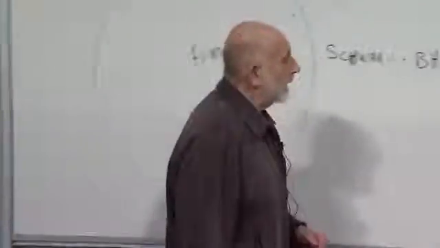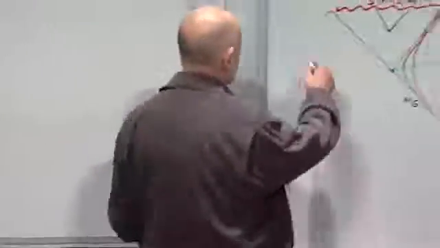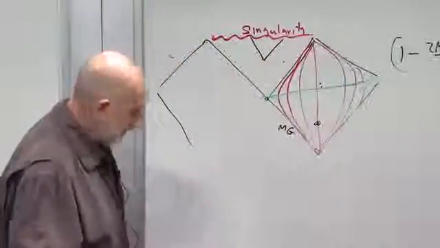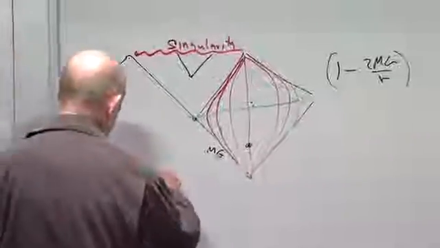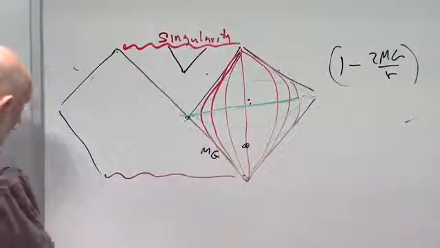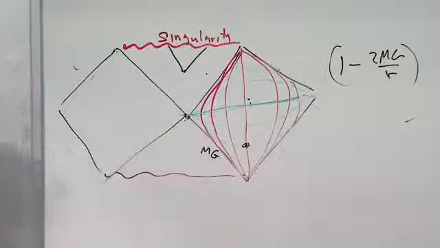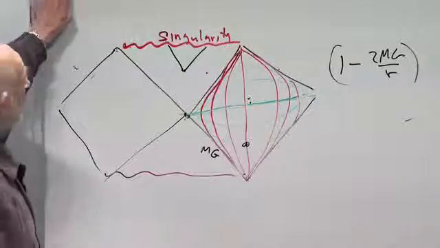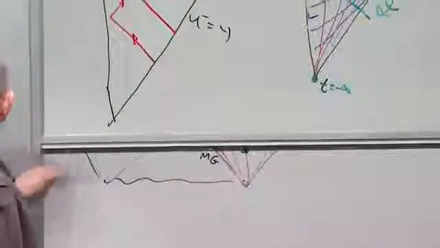Okay, so now let's redraw the rest of this black hole for a minute. I erased part of it, but I want to put it back. Let's go back up to here. Flat space-time.